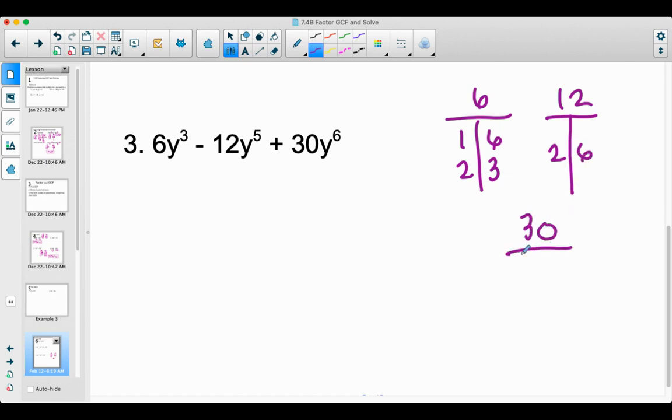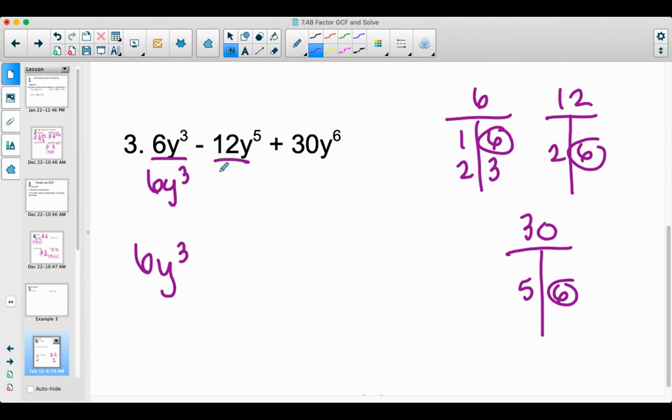And then 30 we know is 5 and 6. So because 6 is our biggest option, that's going to be our GCF. So 6, and then we have a y to the 3rd, 5th, and 6th. So 3 is the smallest, so we have y to the third power. That's our GCF. And now what we've got to do is divide every single one of them by that GCF.